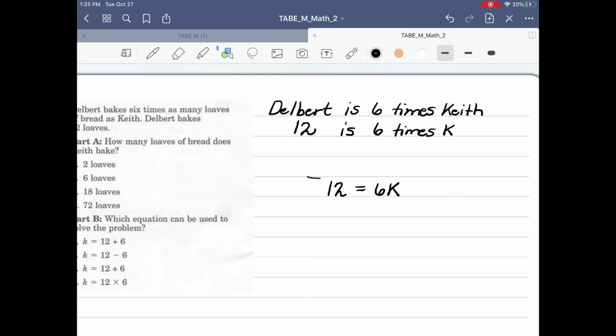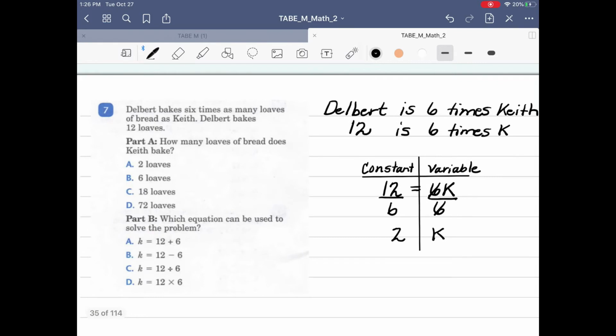And this is solvable with a frame. You have your constant and you have your variable. So we need to move the 6. 12 divided by 6 is 2. So Keith bakes 2 loaves of bread.